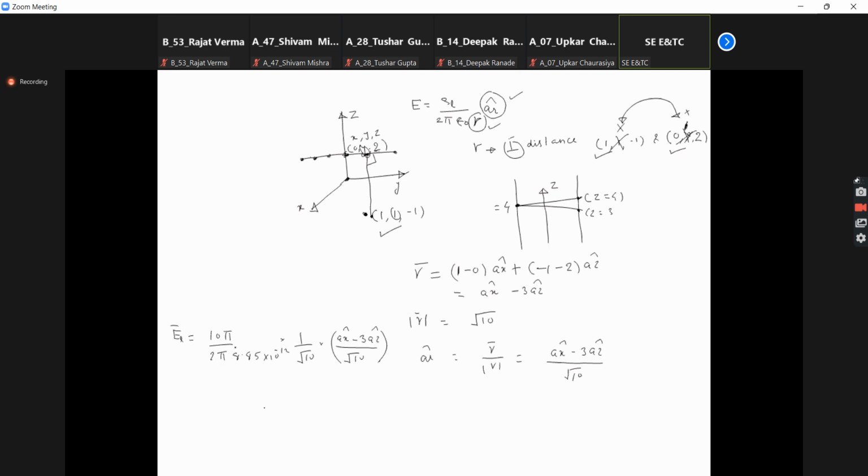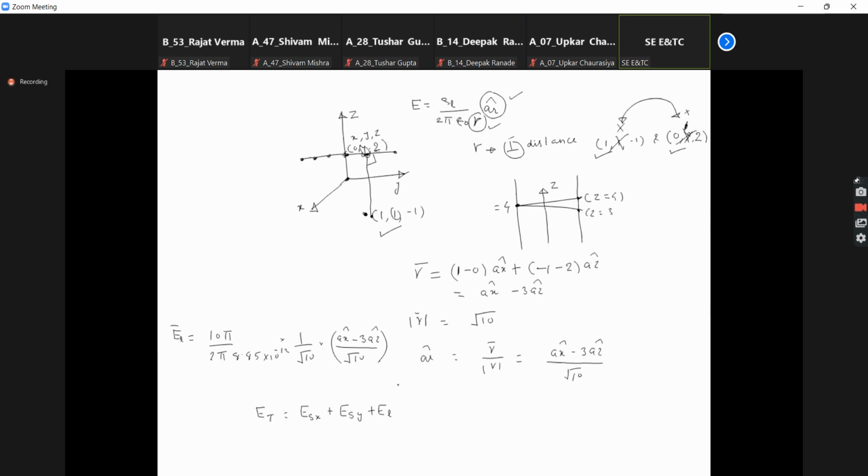Now the total electric field will be the electric field because of the surface charge density at the x-axis, plus the electric field due to the surface charge density at the y-axis, plus the electric field because of the line charge. So here x and z are there, and in the earlier case it was x and y and x and y.